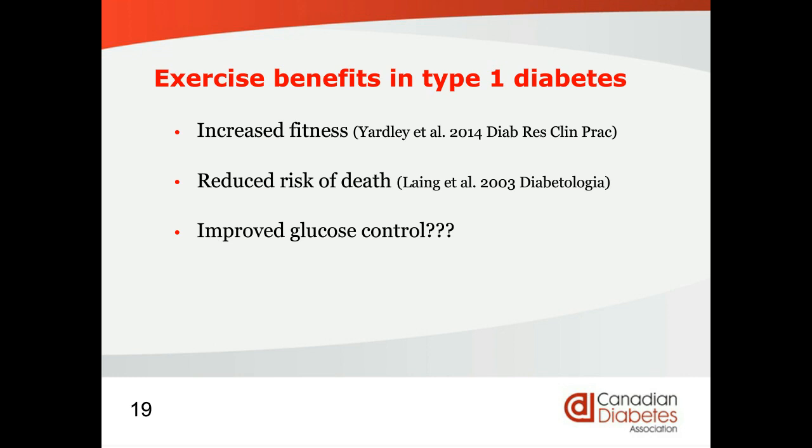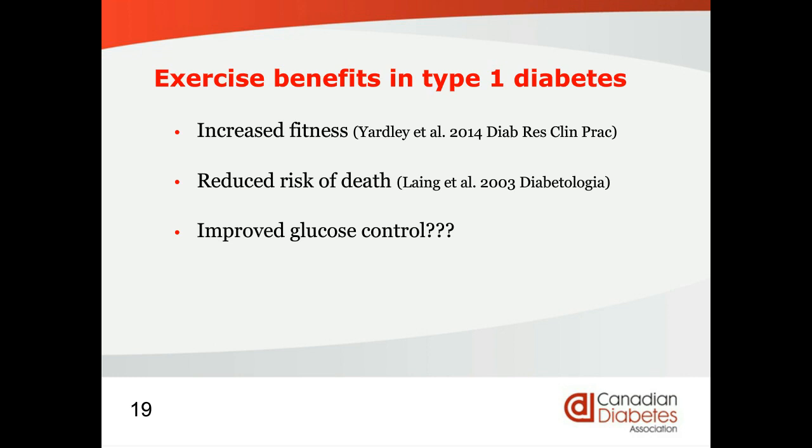Anyone out there with type 1 diabetes or any of the healthcare providers will know that when you exercise, it usually changes your insulin dose that you need to do, and it takes some skill and some practice to figure this out. How much do I reduce my insulin dose based on the exercise that I did? So if you think of this, lots of times you might not get a lower A1C value after you've done a few months of exercise, but you might have used less insulin, and that's probably a benefit for someone with type 1 diabetes.